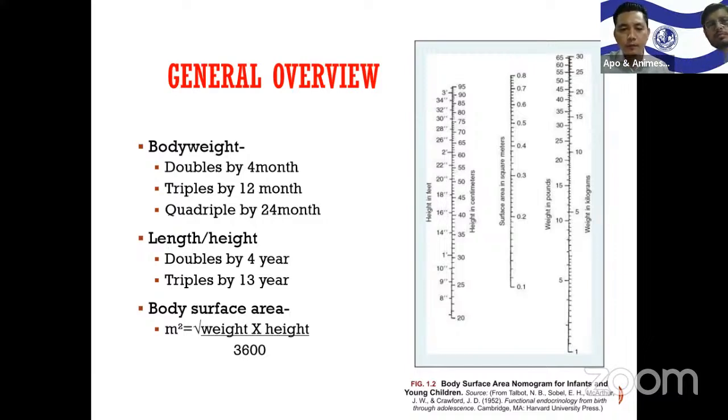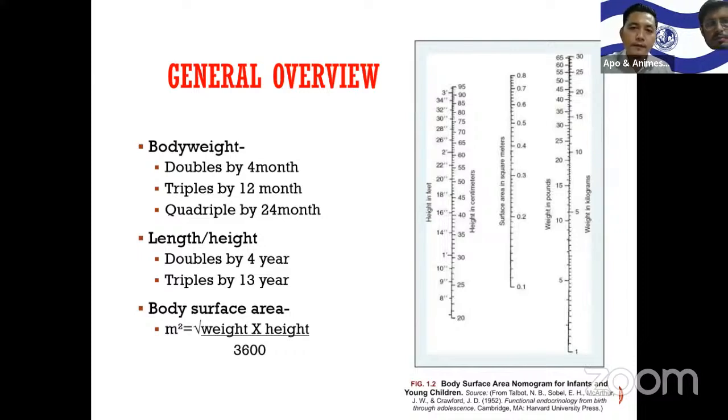And for the body surface area calculation, if we know the weight and height of the baby, we can calculate it by this formula. It's the square root of weight times height divided by 3,600, and we get the body surface area in meters squared.